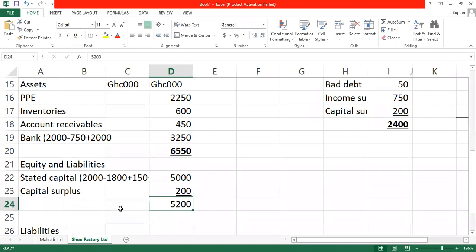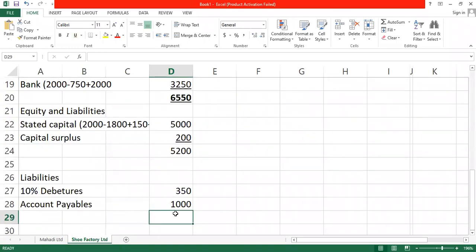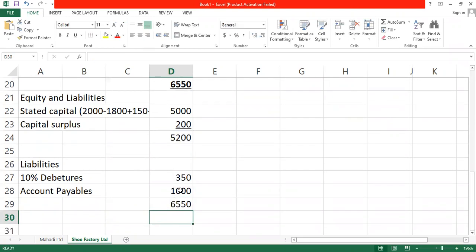Yes, it's 5,000. So let's count to our liabilities now. 5,200 plus 350 plus 1,000. What will be the total figure? Okay, we have 6,550.